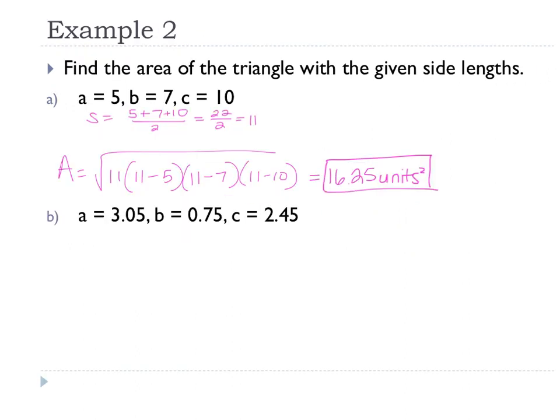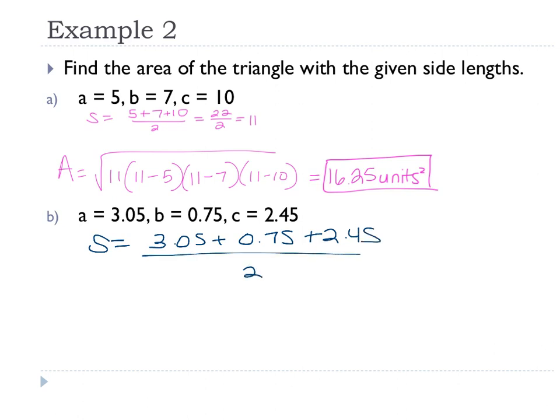So then for the last one, S would equal 3.05 plus 0.75 plus 2.45 divided by 2, which is 3.125. And we're not going to round it. You're going to leave that every single time.